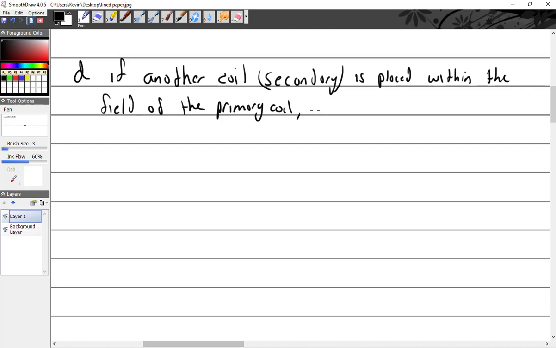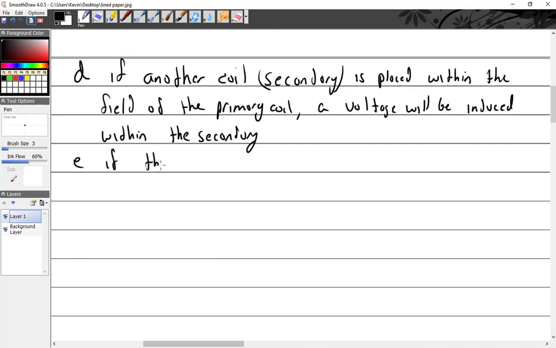A voltage, that's it, a voltage will be induced within the secondary.